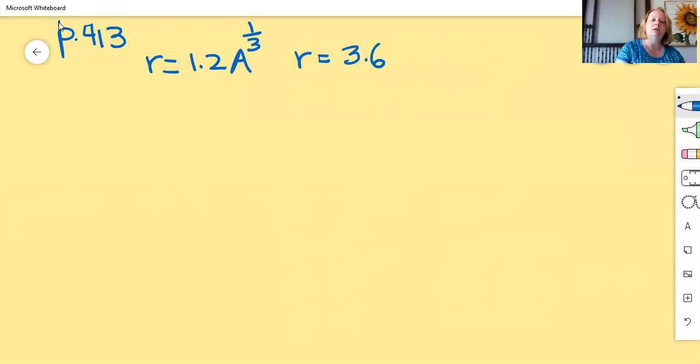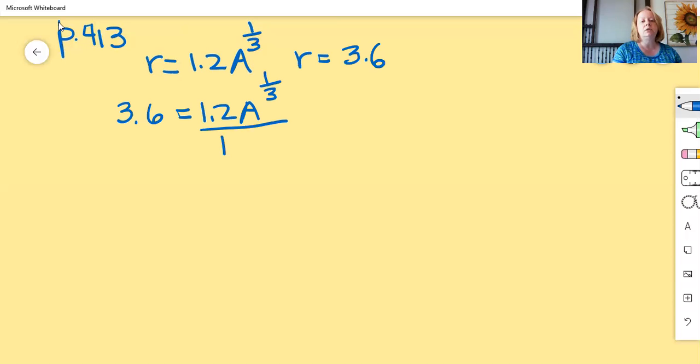So I'm going to sub in 3.6, and that's going to equal 1.2 A to the 1/3. The first thing I want to do is divide by 1.2, and I'm going to get A to the 1/3. Well, 1.2 and 3.6, I'm just going to multiply by 10, so it's really 36 divided by 12. That's 3.